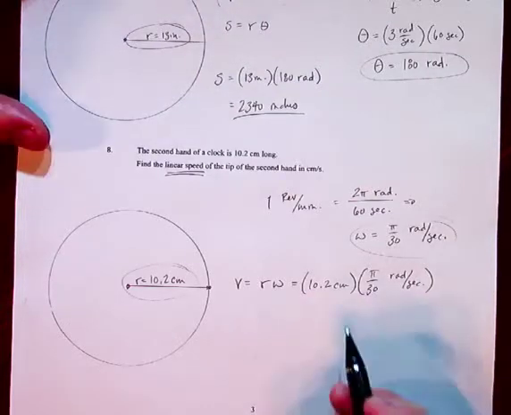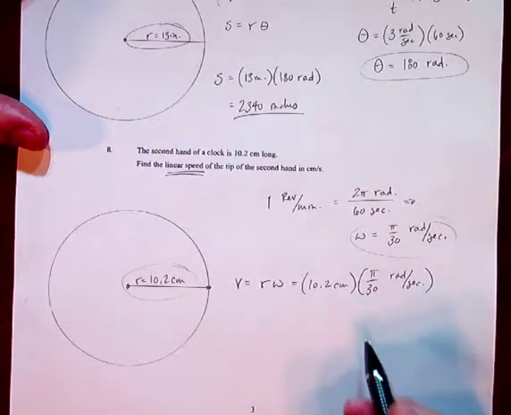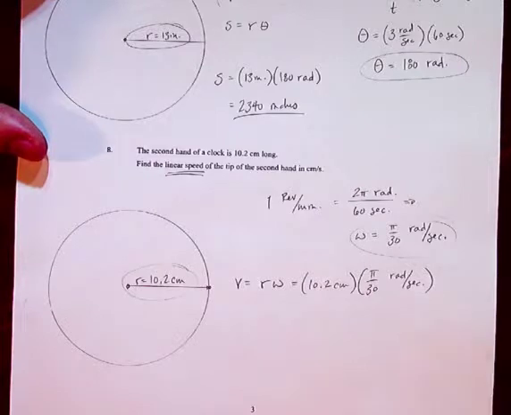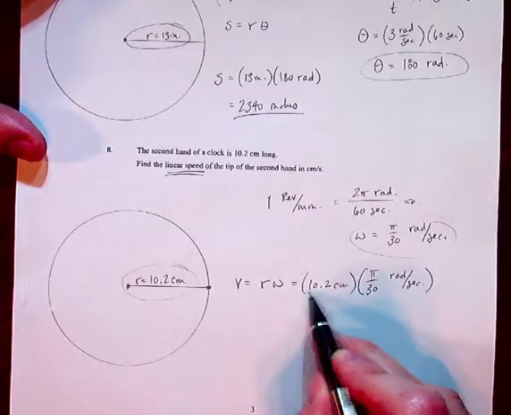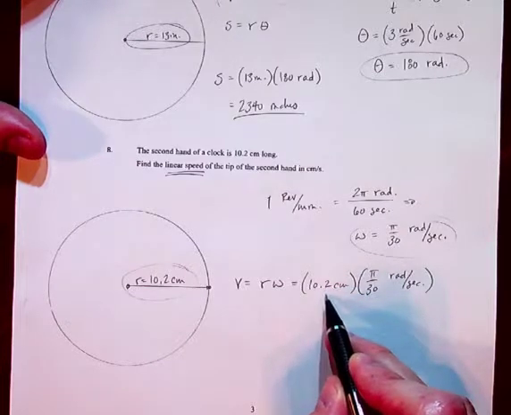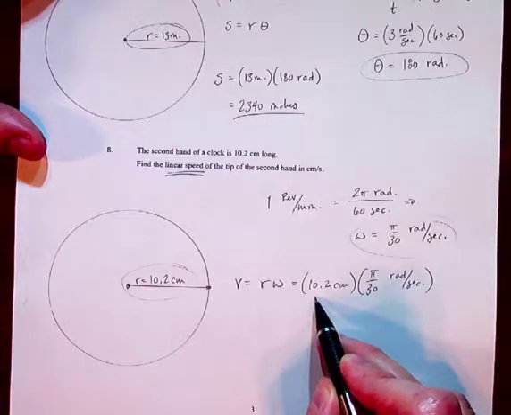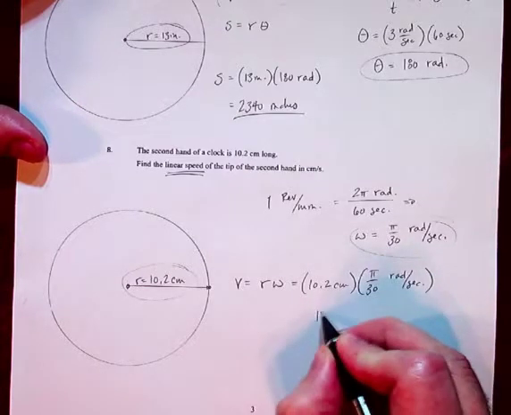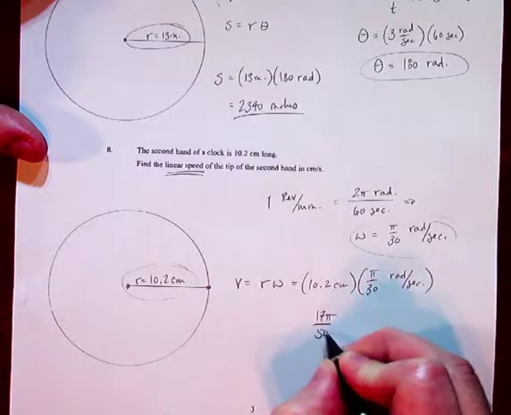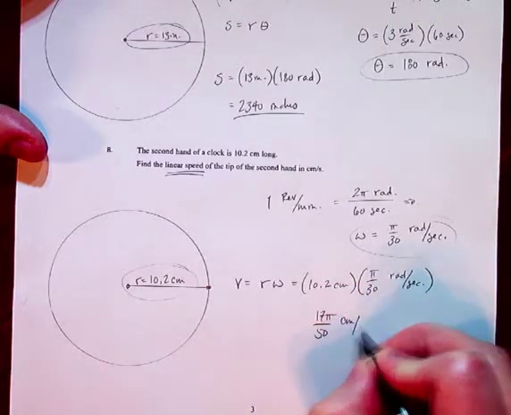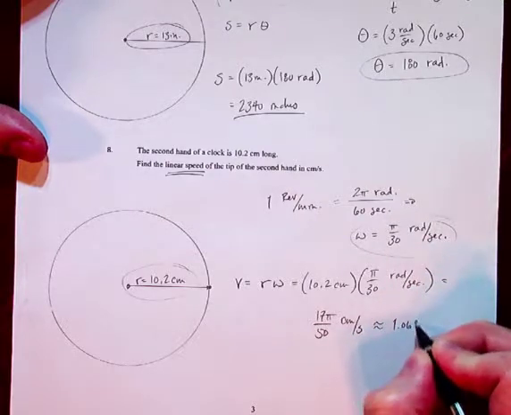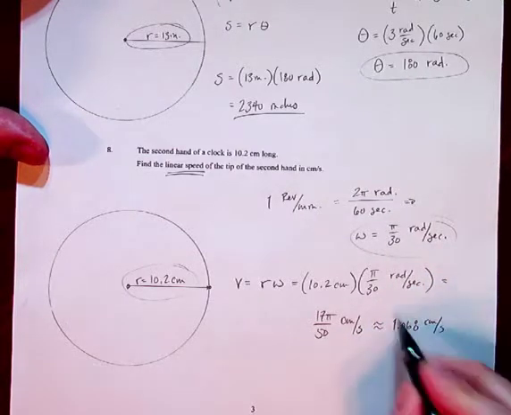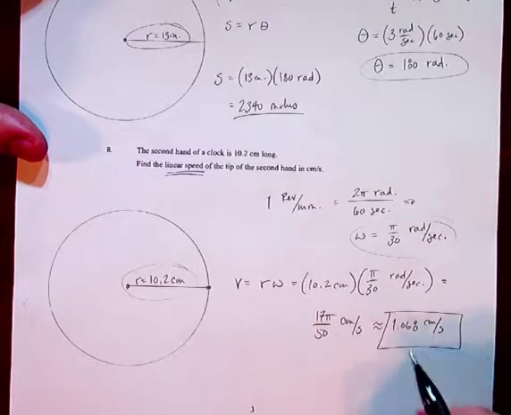And actually, I approximated some of these word problems and gave them to you as an answer. Now, if you actually do keep it, remember that this is 102 over 10, or 51 over 5. And that becomes 17 pi over 50 centimeters per second, which approximates to 1.068 centimeters per second. 3 decimal places.